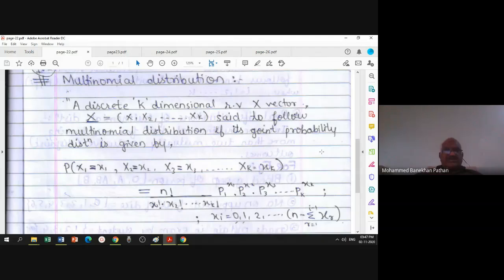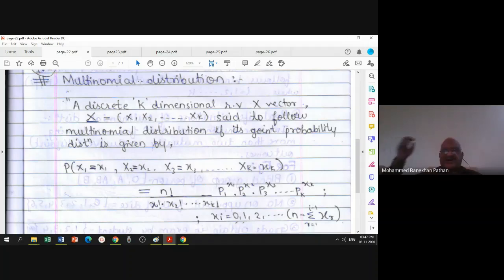It is an extension of binomial distribution. The difference between binomial and multinomial: in case of binomial, we study the random experiment in which every trial has two possible outcomes.